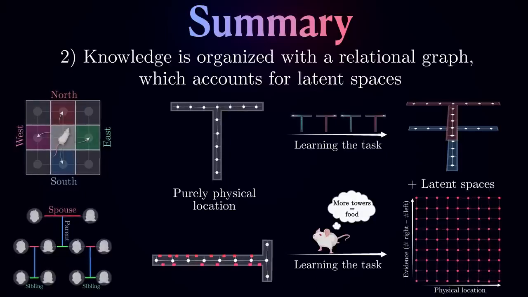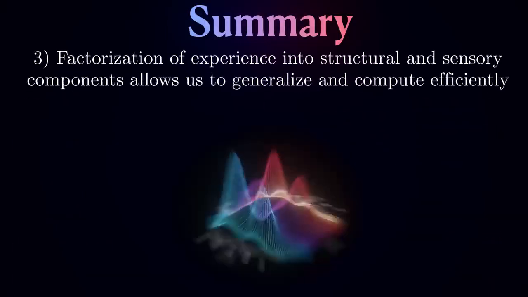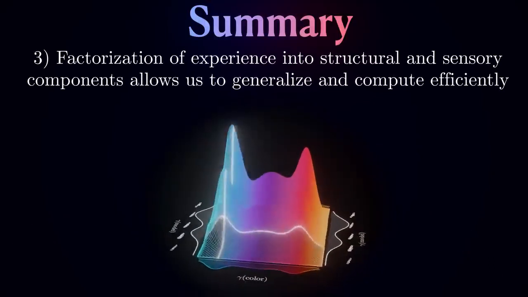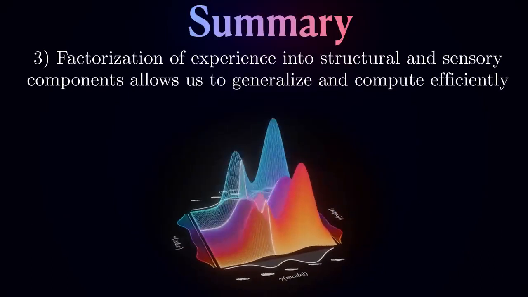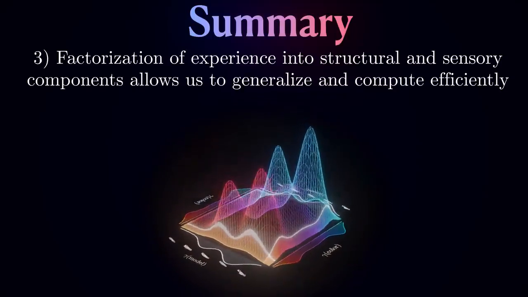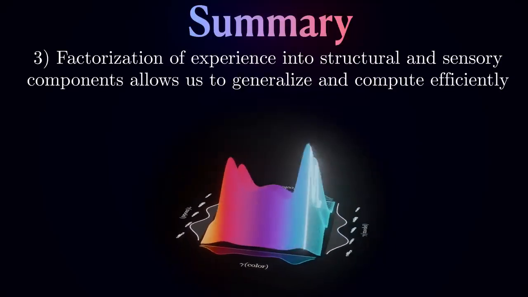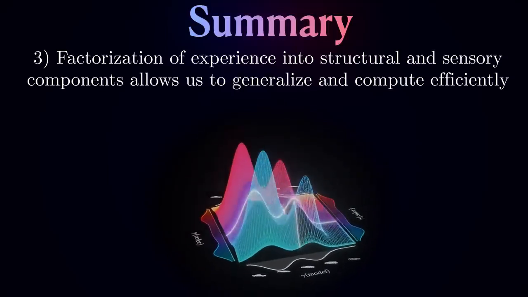And finally, we discussed why factorizing knowledge into structural and sensory components is useful to the brain, since it allows it to generalize and make the problems more computationally feasible.